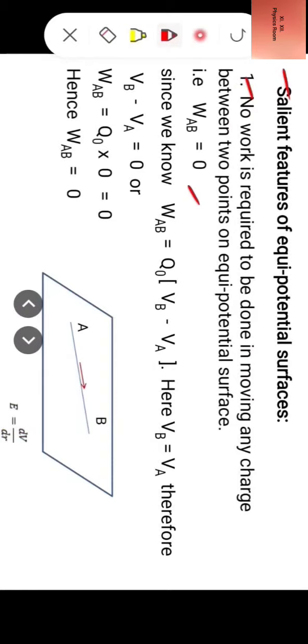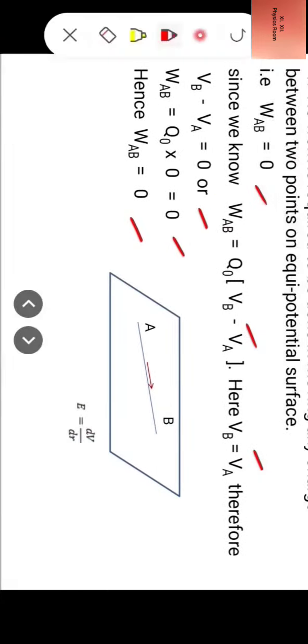Now, since we know WAB is equal to Q naught into VB minus VA, and here VB is equal to VA on an equipotential surface, therefore VB minus VA is 0, or WAB is equal to Q naught into 0, which is equal to 0. Hence WAB is equal to 0.